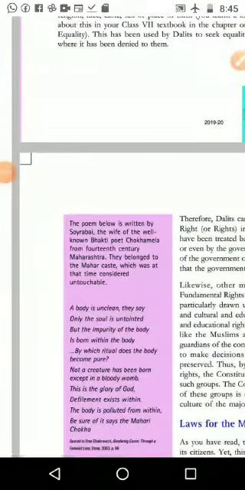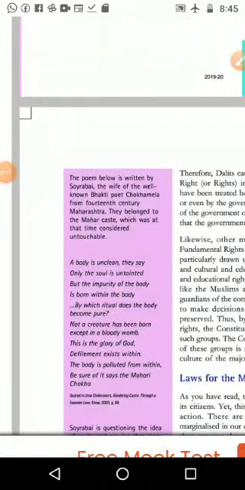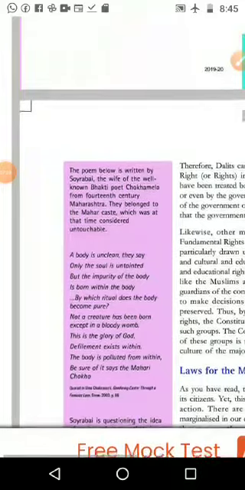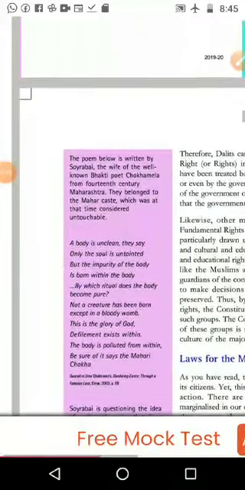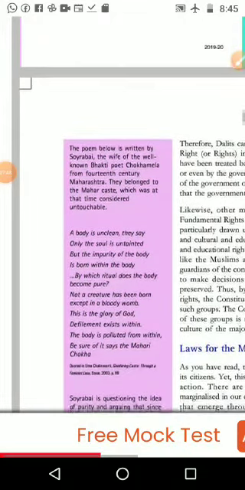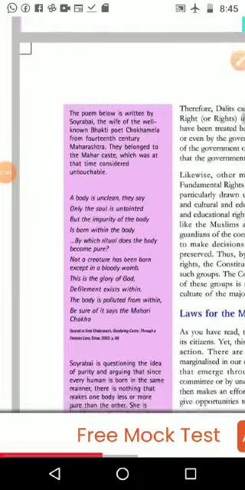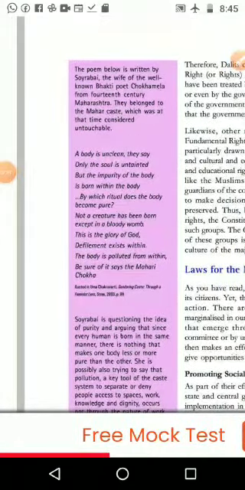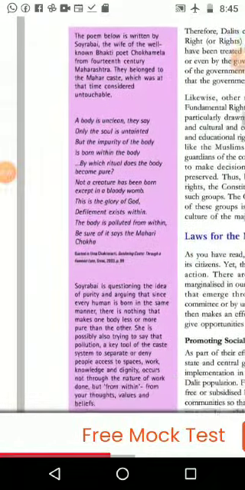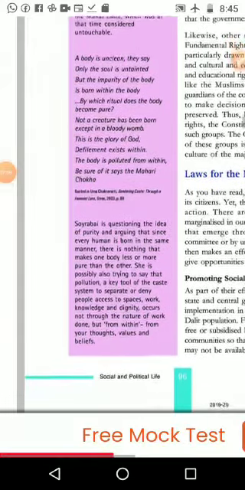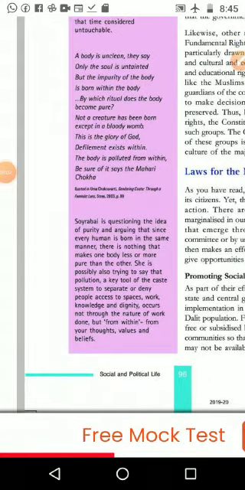Then the poem below is written by Soyra Bai, the wife of the well-known Bhakti poet Chokamela from 14th century Maharashtra. They belong to the Mahar caste, a scheduled caste, who at that time were considered untouchables. The body is unclean, they say, only the soul is untainted.